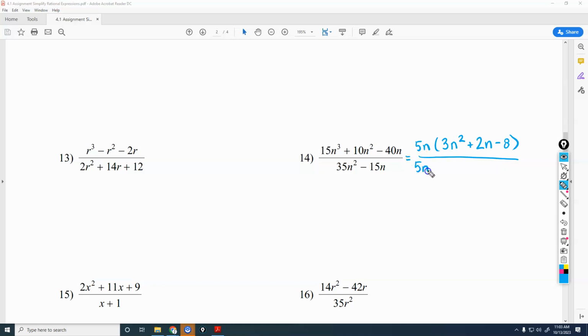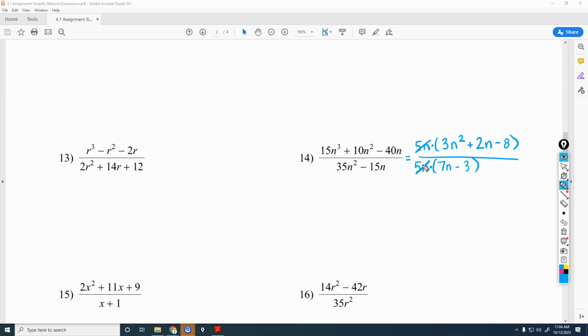So 5n, and I'll have 7n minus 3. This is different than I thought it was going to be. So, whenever I see this, there is something I can go ahead and cancel. What can I cancel? The 5n's, because they're multiplied by this stuff, right? And so I could cancel those 5n's. That's just going to be 1.